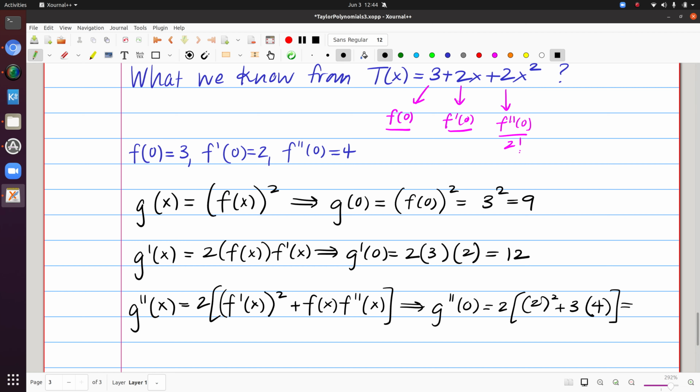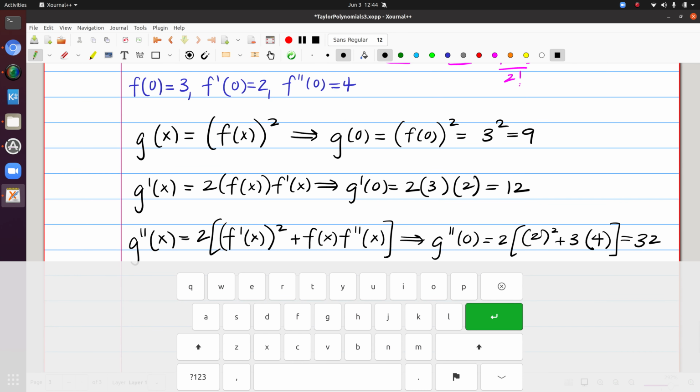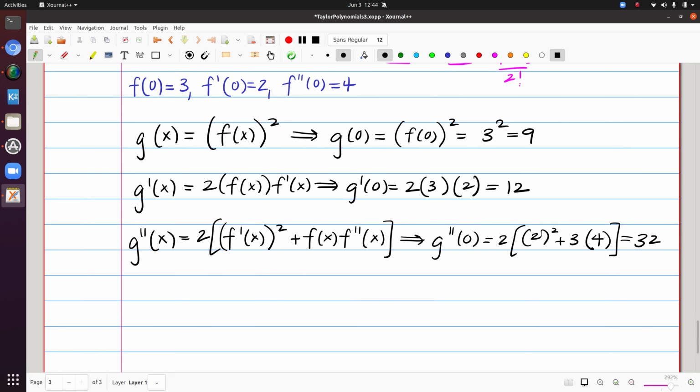So that's 2 times 16. We get 32. So our answer here for the desired polynomial, maybe to avoid confusion, I'll put a subscript of g on it, is we get 9 plus 12x plus 32 divided by 2 factorial, 16x squared.